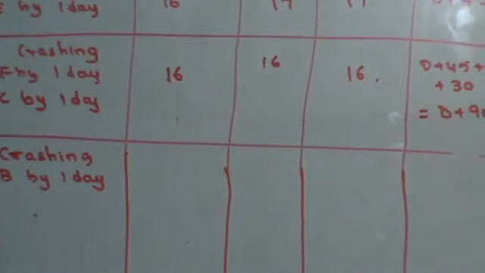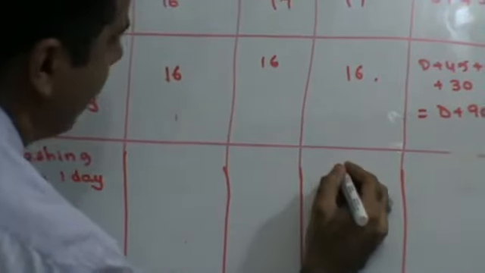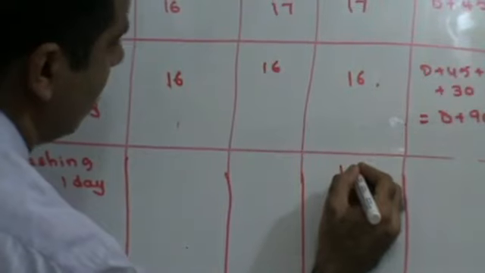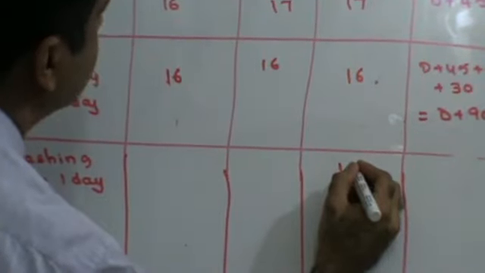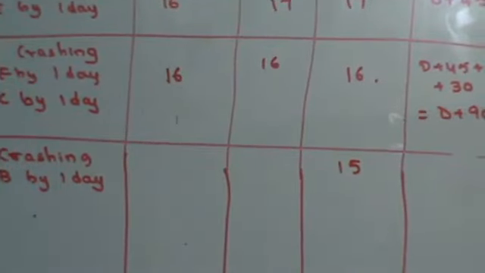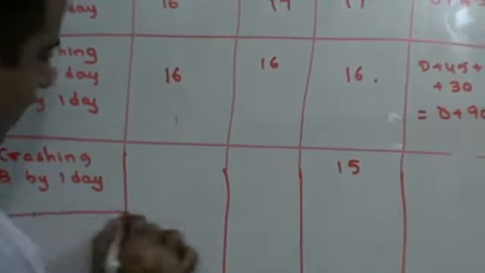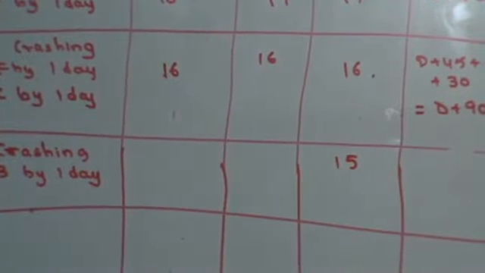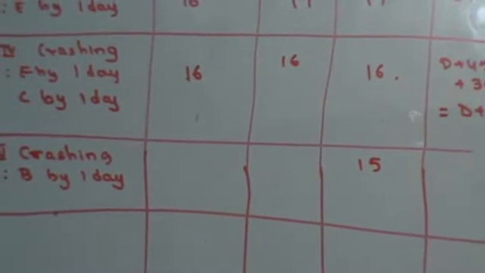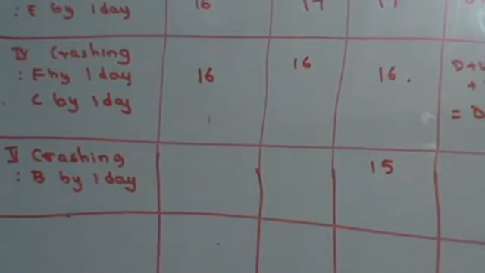Now the problem is if I crash B by 1 day, that means this will become 15, right? Now if this becomes 15, my critical path will no longer remain the same. Now I've already crashed C by 1 day.